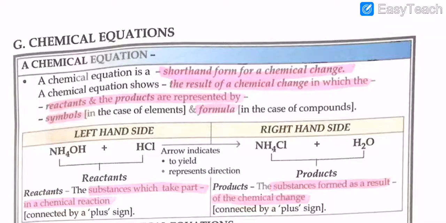Some examples of a chemical equation are one reactant and two or more products, two reactants and one product, two reactants and two products, two reactants and 3 or 4 products.